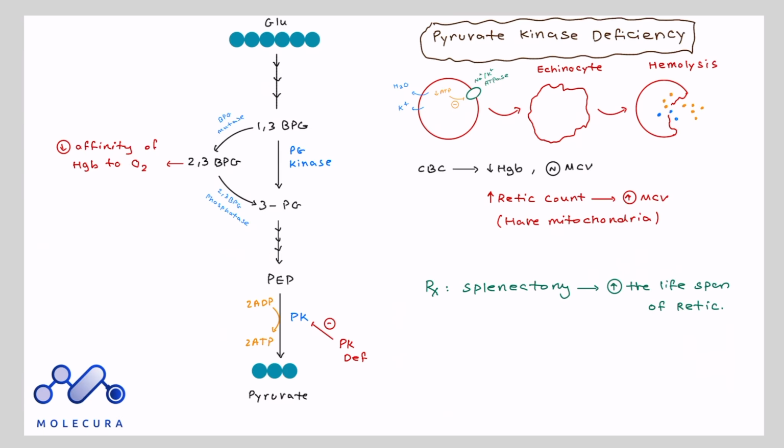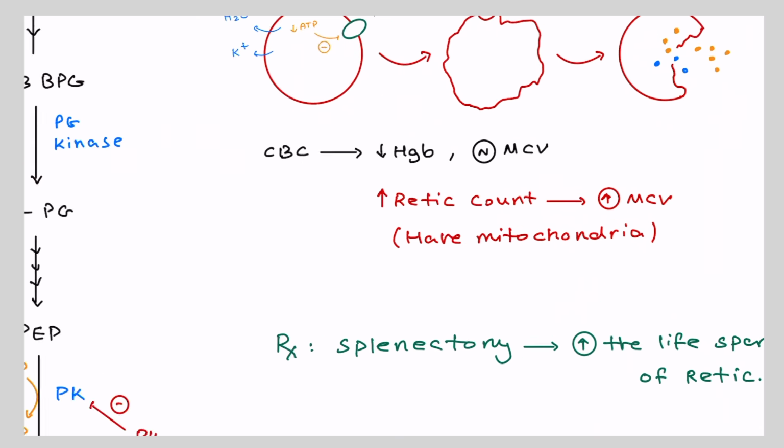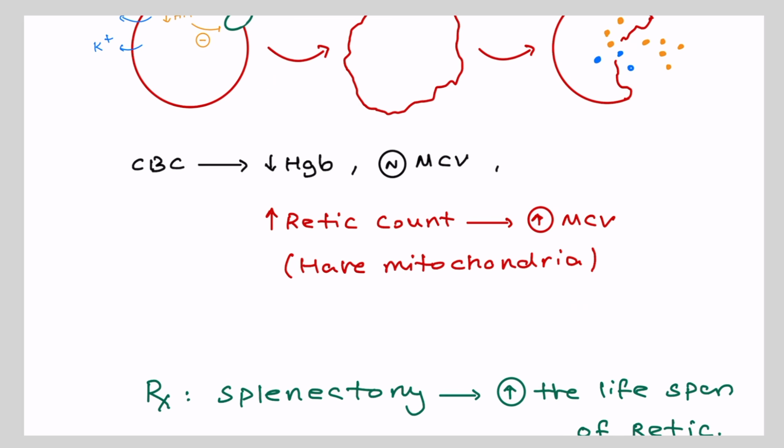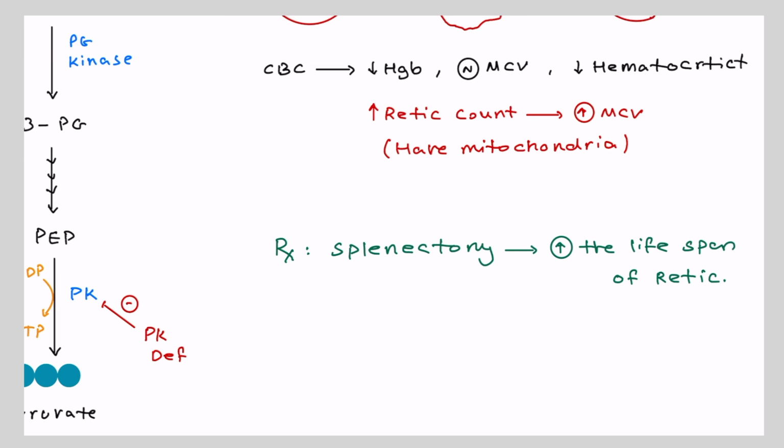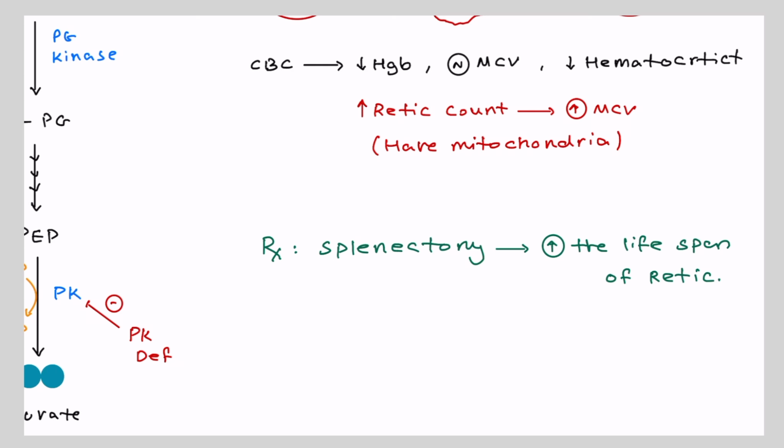So another thing that we will see on the CBC is going to be a decrease in hematocrit. As we said, we're going to have things coming out of the RBC and getting spilled into the blood. And therefore, these are also going to be good markers for a blood test.